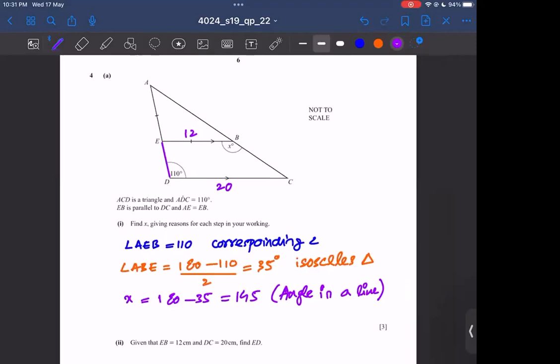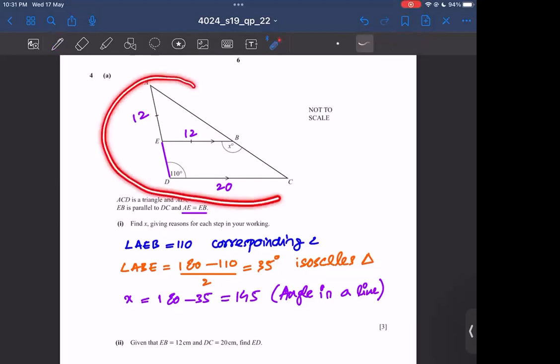See, if this is 12, then you must know that AE is equal to EB, so this is also going to be 12. And we need to find this ED over here, which we don't know.